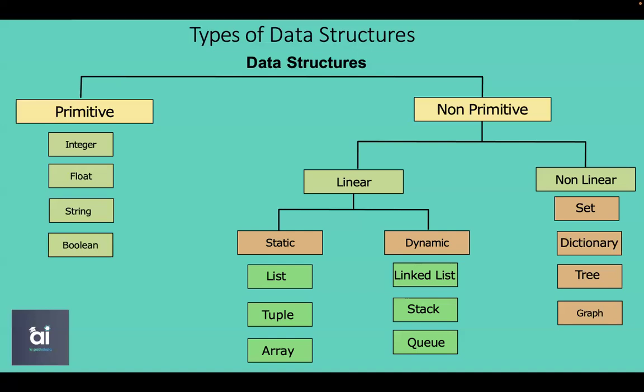So from linear data structures, lists and tuples are built-in data structures, and from non-linear data structures, sets and dictionaries are built-in data structures. Other data structures that we have over here are user-defined data structures. This means that we need to use some external library or we can create them by ourselves to be able to use them.